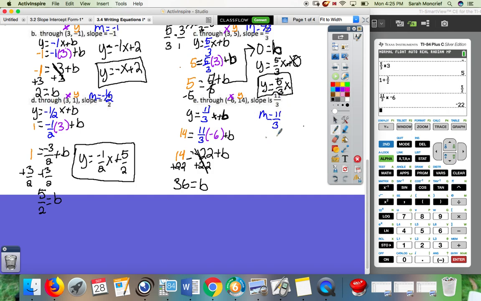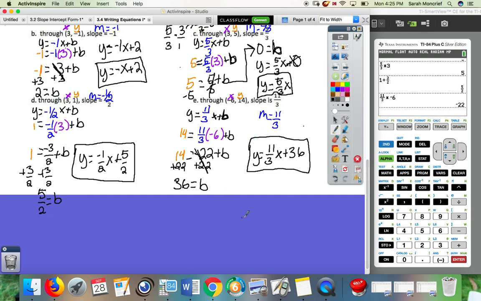And now that I have both an m and a b, I can plug them into my equation. So y should be equal to 11 over 3 x plus 36. All right. So that's not too bad, right?